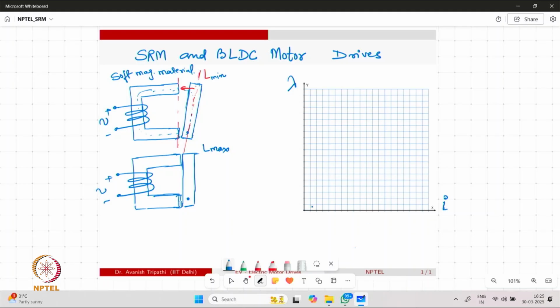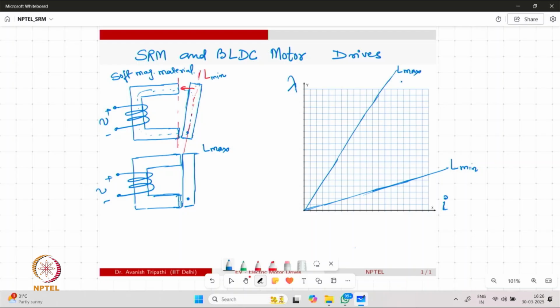Now what we have found is that when we are talking about the lambda versus I plane, the Lmin and Lmax possibilities can be represented on these lines, which are effectively showing that with respect to a given excitation, how much flux linkage can be expected.